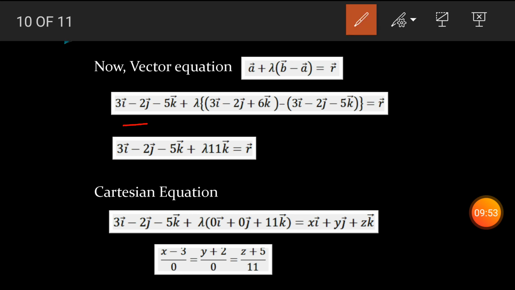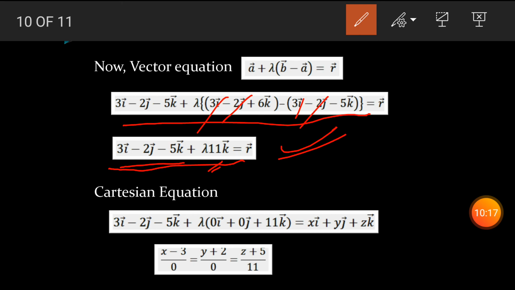So we are going to put the values here, and just see, this vector we are going to copy as it is here. Here you can see 3i minus 3i will be cancelled, minus 2j plus 2j will also be cancelled. So 6 and plus 5k will become 11k. So we are going to write this, and this is your vector equation. Now if you want to write the Cartesian equation, then you replace this r with xi plus yj plus zk.